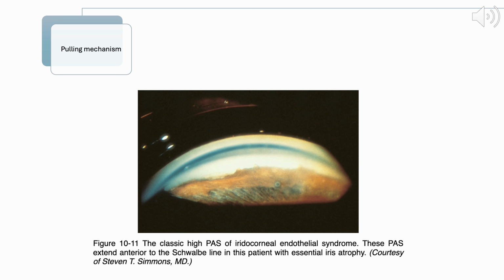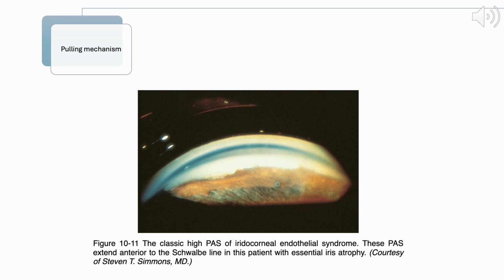This image shows the classic high peripheral anterior synechiae seen in iridocorneal endothelial syndrome. Notice how the adhesions extend anterior to Schwalbe's line, which is a hallmark feature of ICE. In this particular case, the patient also has essential iris atrophy, adding to the distorted anatomy.